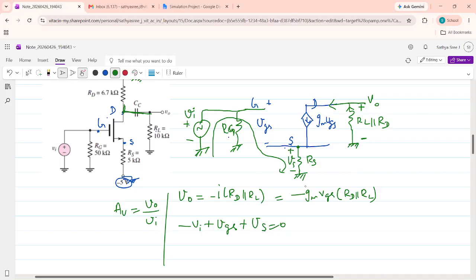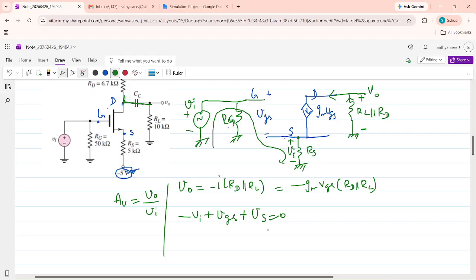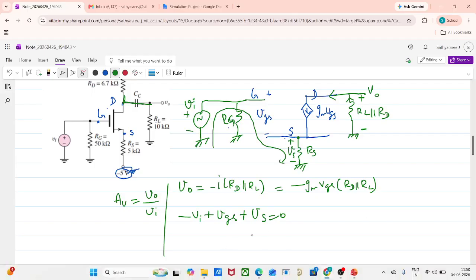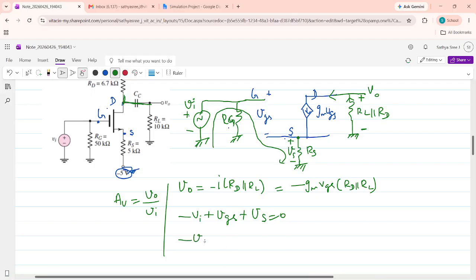This forms a closed loop: minus Vi, plus VGS, plus Vs equal to 0. So what is Vs? Vs is the voltage across this resistance Rs, so current multiplied by resistance. The current through this resistance Rs is gm VGS.